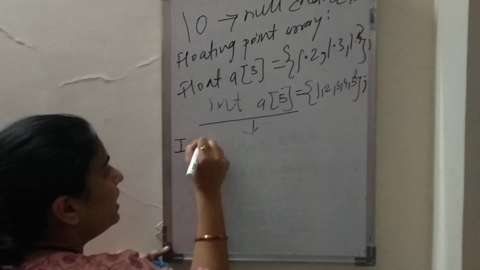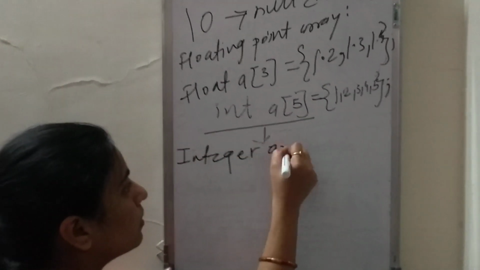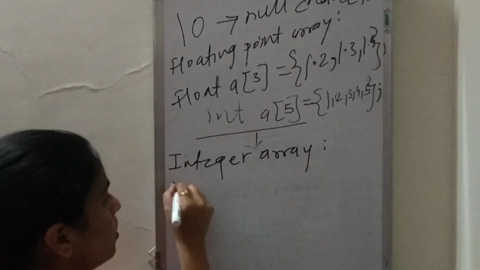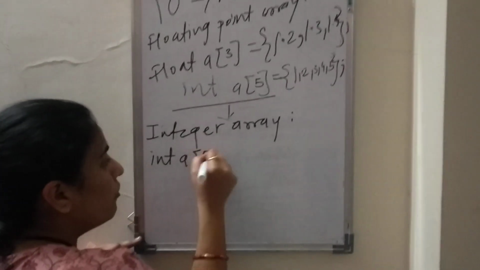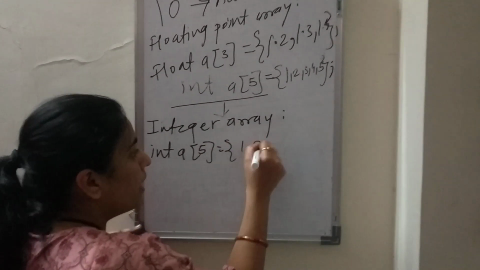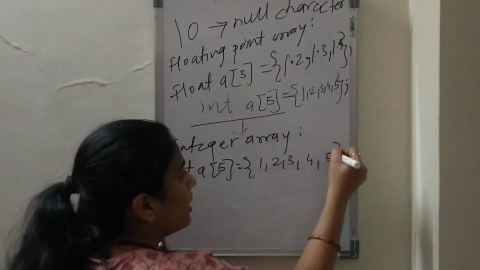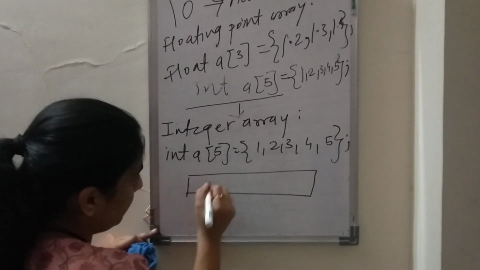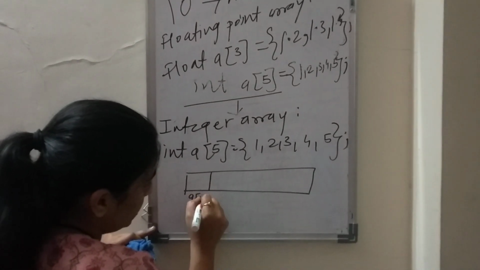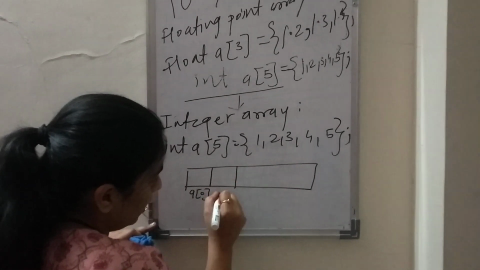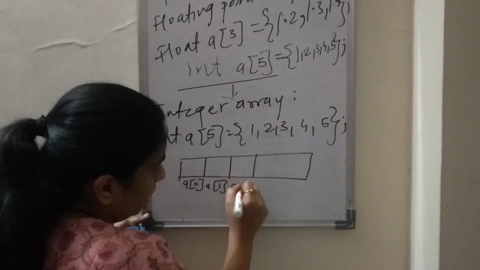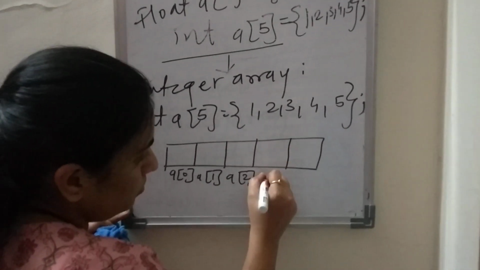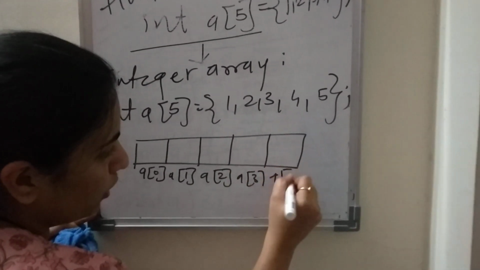Now integer array. Suppose int A of 5 is equals to 1, 2, 3, 4, 5. This is initialization. So how it will be represented? A of 0 first, A of 1, A of 2, A of 3 and A of 4.